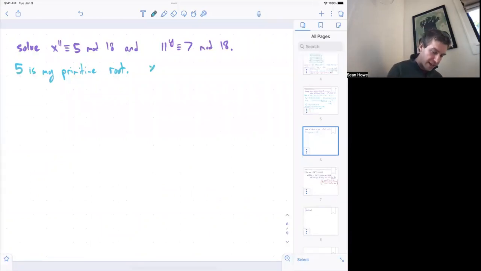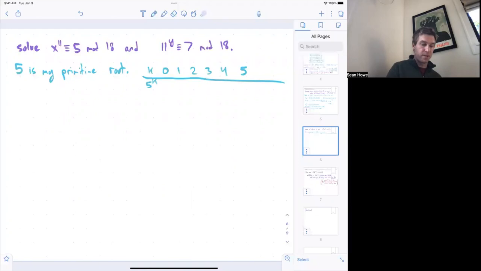So here I should have the exponent k, and 5 to the k. Then I need 6 numbers in a row: 0, 1, 2, 3, 4, 5. So I go up from 0 to phi of 18 minus 1. That's why I'm going up to the 5th power.